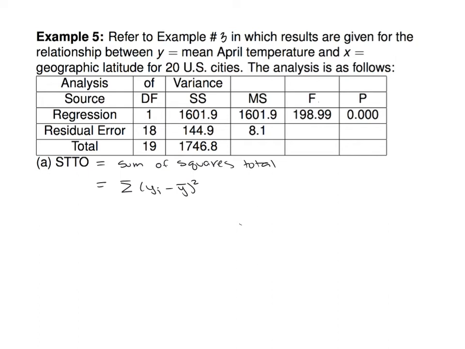And you see that you have this thing that says SS, and then you have this total column. Well, this number is the sum of squares total. So that is 1746.8. So what the computer has done for you is it's taken every single y value you had, taken away the mean, squared it, and then added them all up.